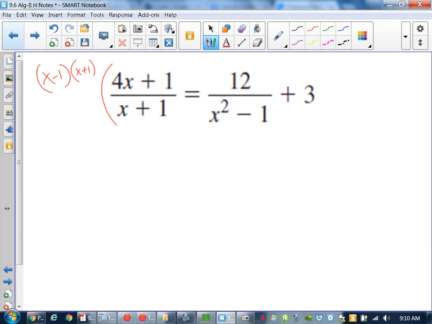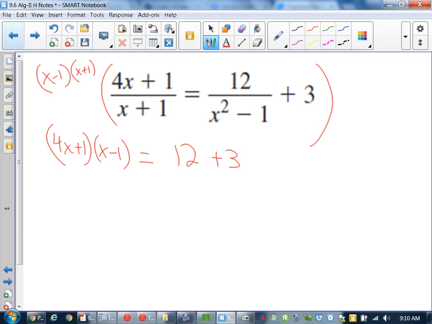So if I do that, the first fraction doesn't need the x plus 1, it needs the x minus 1. So we're going to have a 4x plus 1 times x minus 1. The 12 is good. It already had them both, in a multiplied out format. The 3 needs them both.